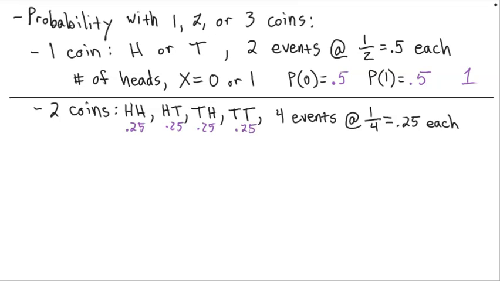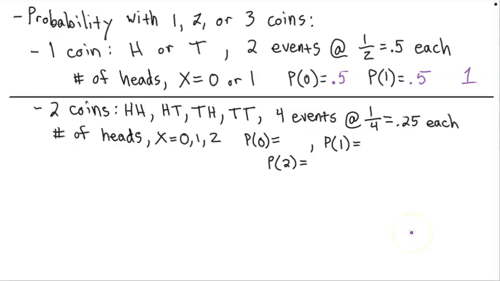Now look at this. I just want to give you a quick preview. Because heads tails and tails heads are both 1 head, we would combine their probabilities, and the probability of getting just 1 head between 2 coins would now be 0.5, while the probability of 2 heads would be 0.25 and the probability of 0 heads would be 0.25. So when we look at our outcome, number of heads, our possibilities are either 0, and that's this one, 1, which is 2 of them, or 2 heads, which is only 1 event.